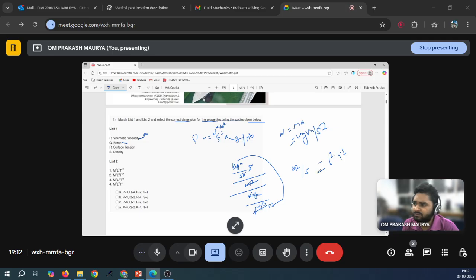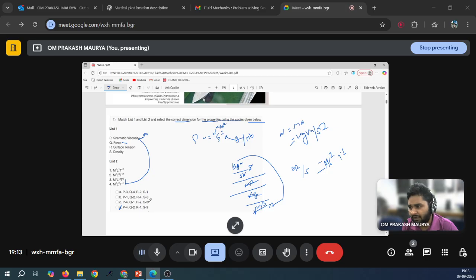Since m means kg and kg is not here, m is 0. So you can directly link kinematic viscosity to option 4, so maybe option C or option D will be correct, not A.